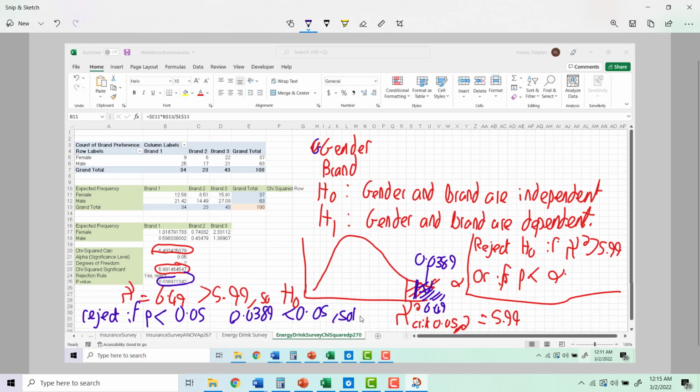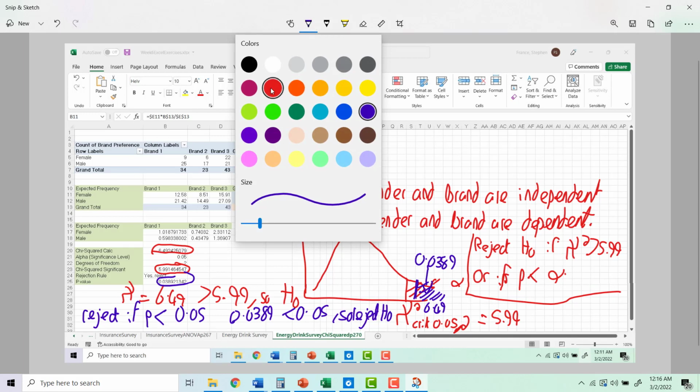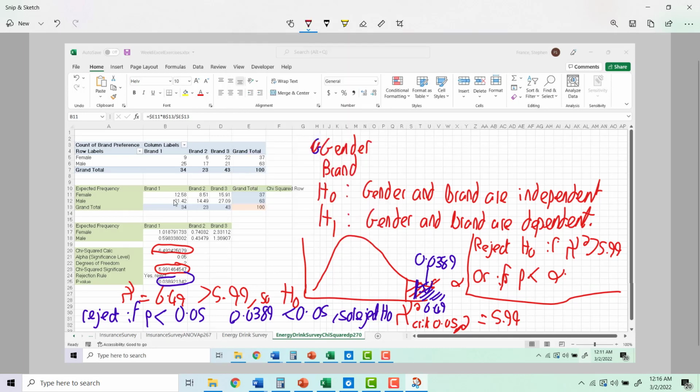So we're going to reject H0. So again, there's evidence that gender and brand are dependent. And let's just go back here and say chi-squared is 6.5, so reject H0, just to be consistent.